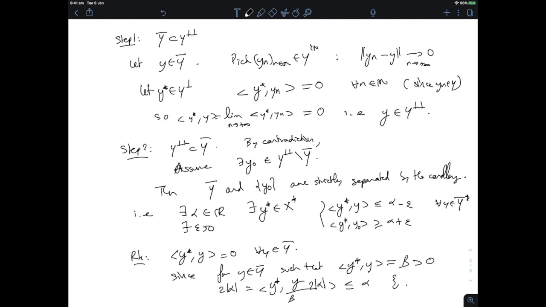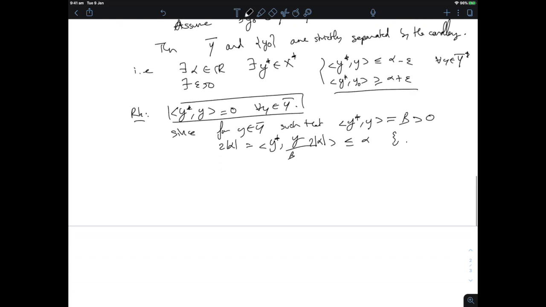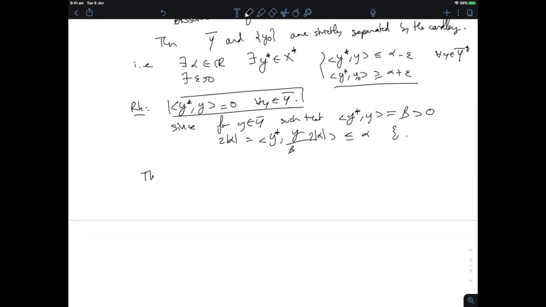All right, so whenever you have a separation like that of a subspace, the alpha for which it happens has to be 0. This can only happen if all the y star y are 0, which is what we've just proven here. So now you put that together with the condition on y star y naught, and what does that give you?